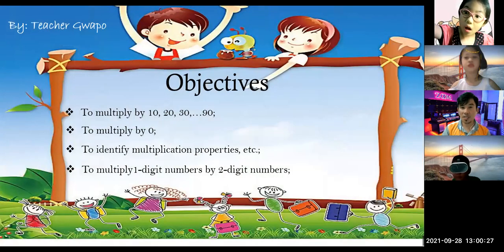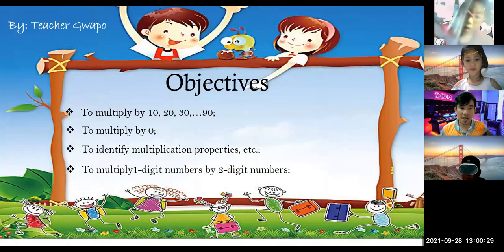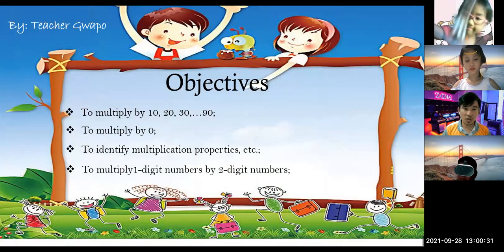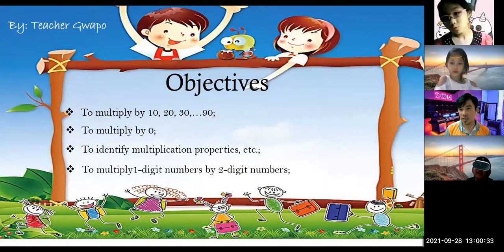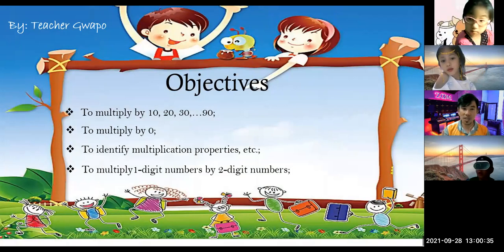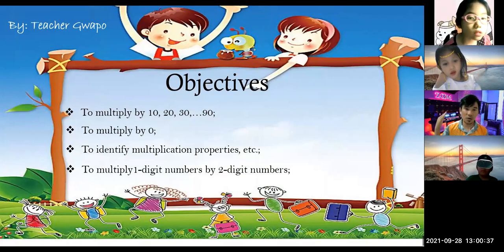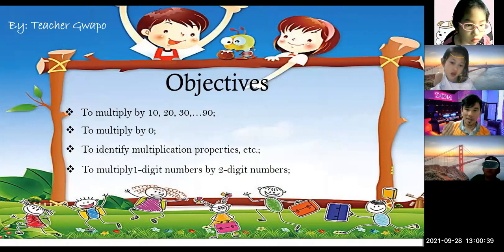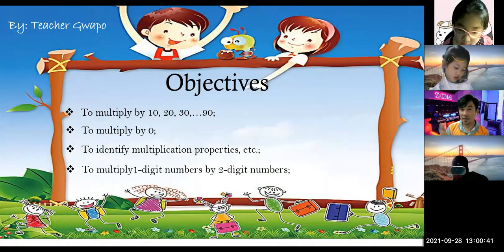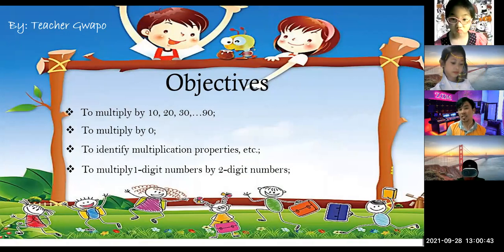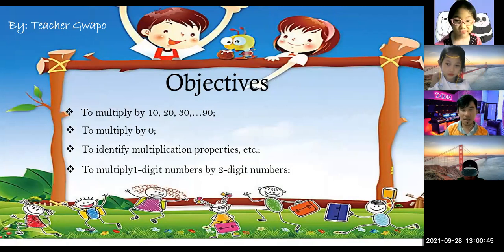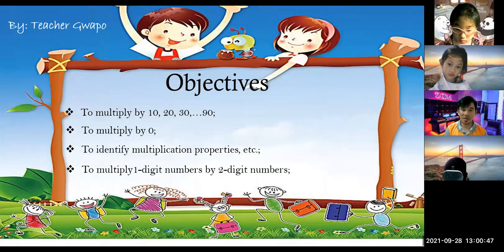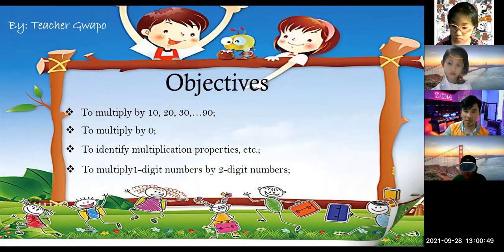So these are the objectives that we will have this afternoon: to multiply by 10, 20s, 30s, and so on up to 90s. And then you need to multiply numbers by zero, to identify multiplication properties, and to multiply one-digit numbers by two-digit numbers.